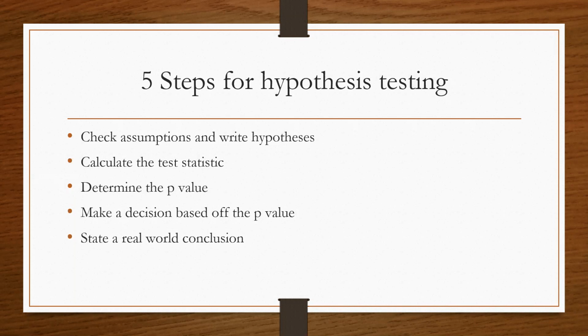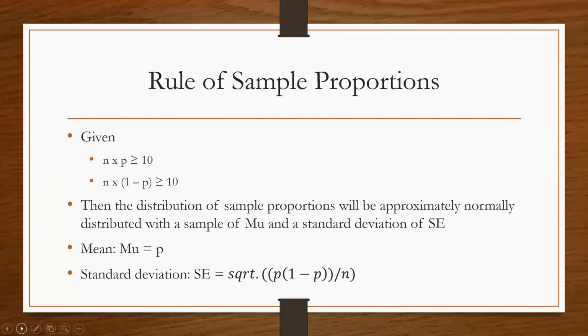Based off the p-value, normally if it's less than 0.05, that determines what your decision is going to be, and then you state that in a real world conclusion: there's not enough evidence to reject the null, or there is enough evidence to reject the null, stuff like that. It's stuff that you guys have been doing for a good while now.